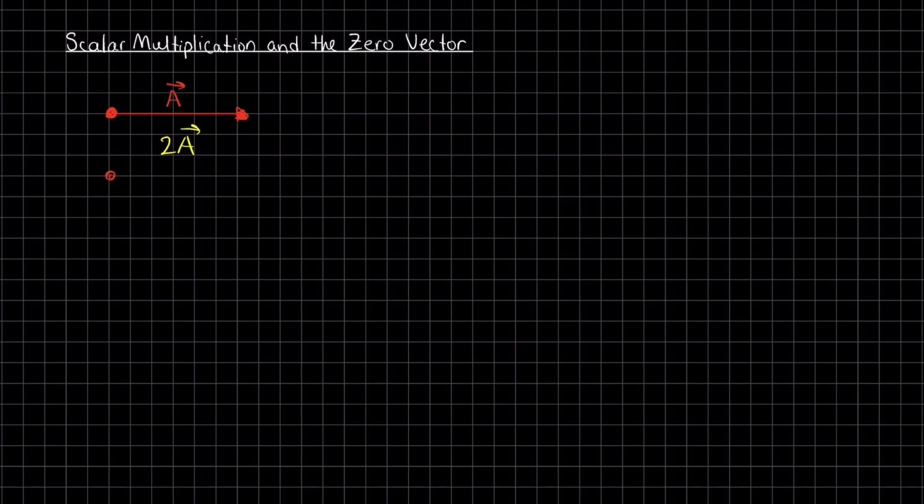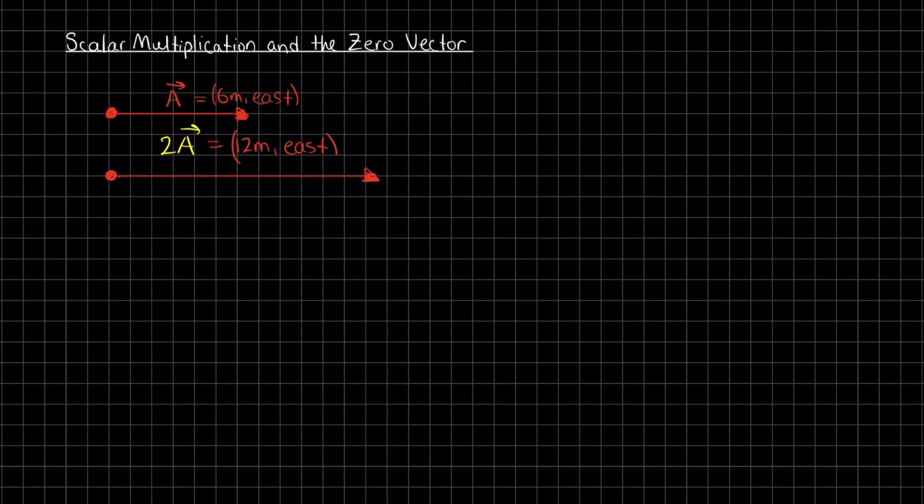When we multiply a vector by a scalar, which just means a number, you are going to affect the magnitude. If A was 6 meters to the east, then 2A will be 12 meters to the east. Therefore, vector 2A is going to be twice as long.